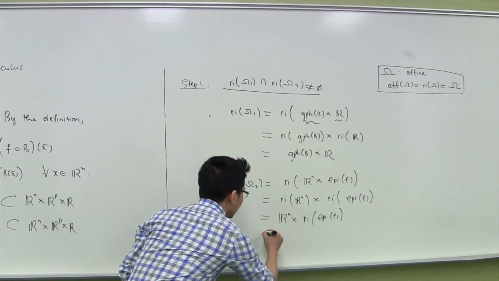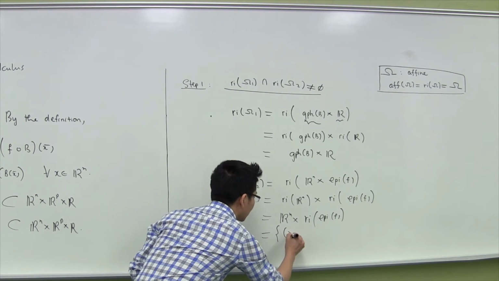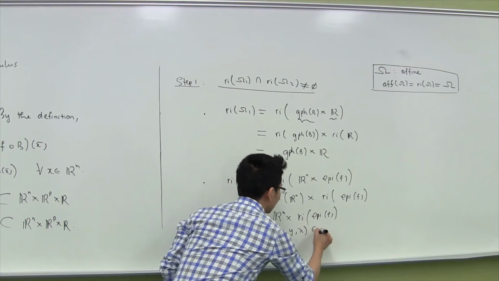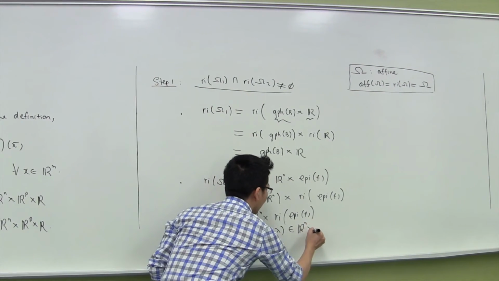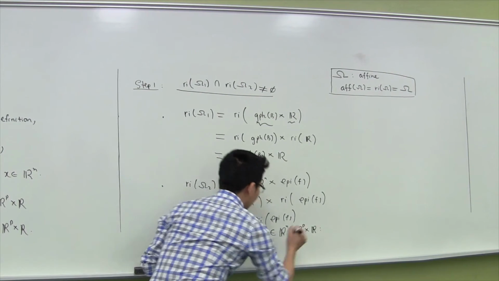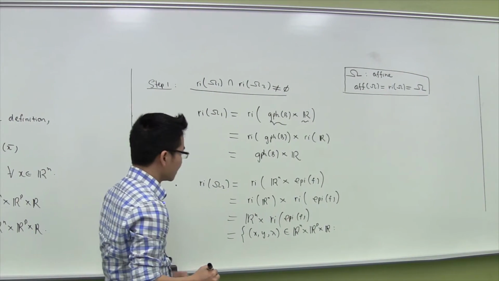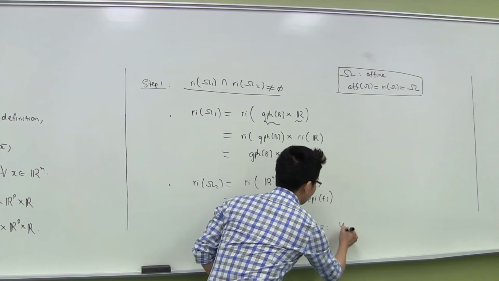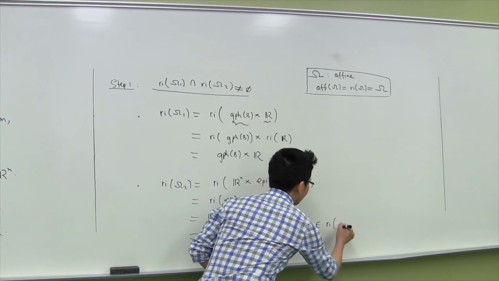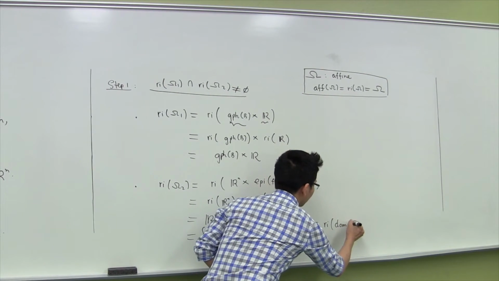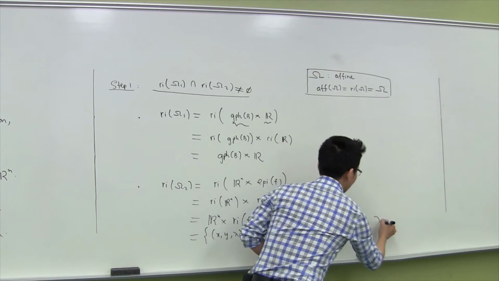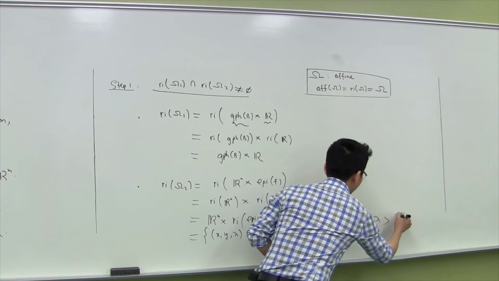So this is the set of all x, y, lambda in Rn times Rp times R, such that y belongs to the relative interior of the domain of F, and lambda is strictly greater than f of y.